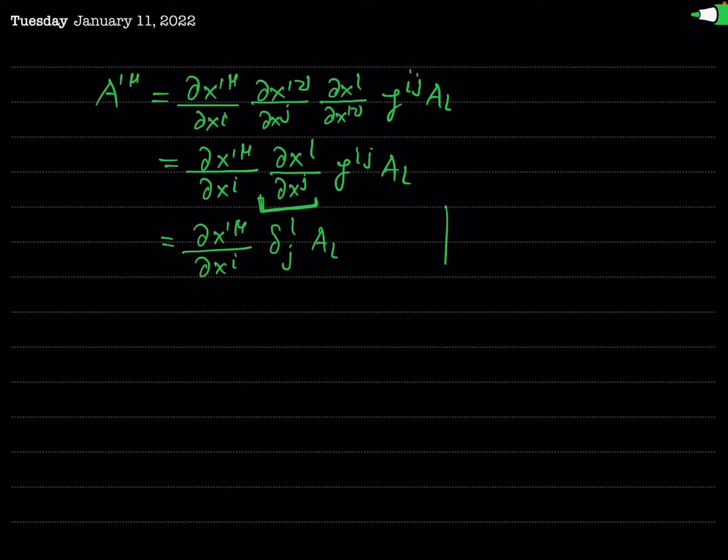Now see, if l is equal to j, then your Kronecker delta is equal to 1. And if l is not equal to j, then this Kronecker delta is equal to 0. So to get the non-zero value, we must put j equal to l.